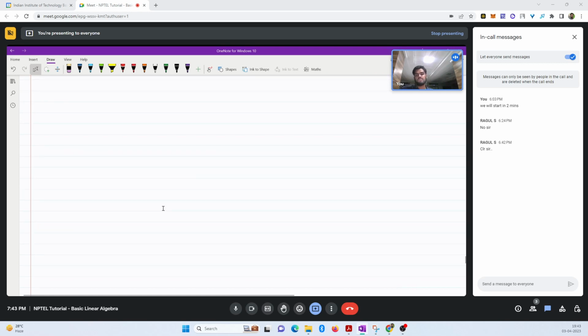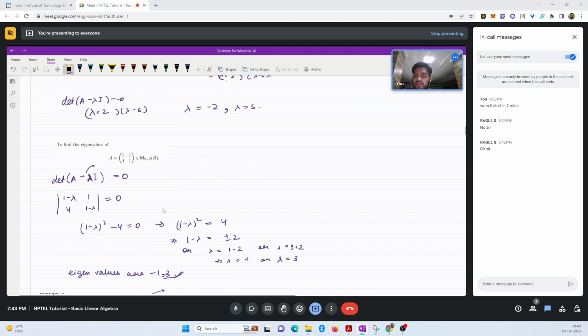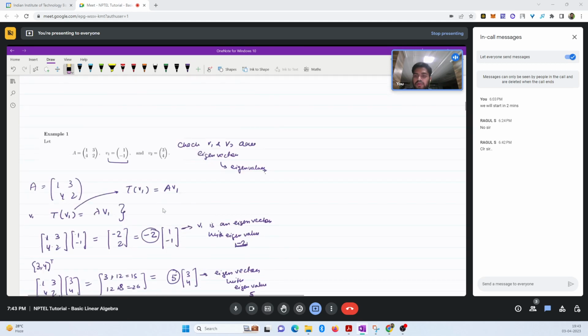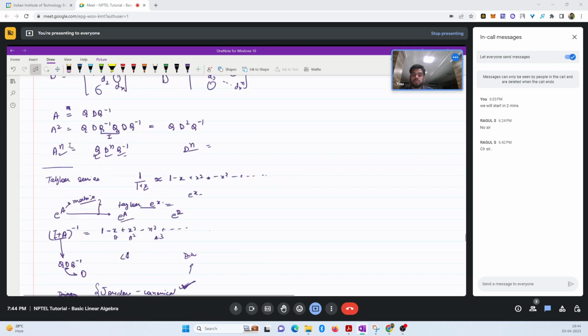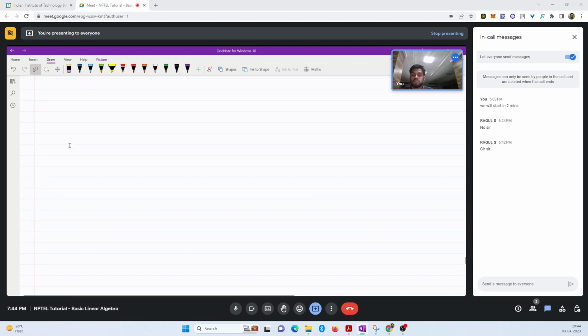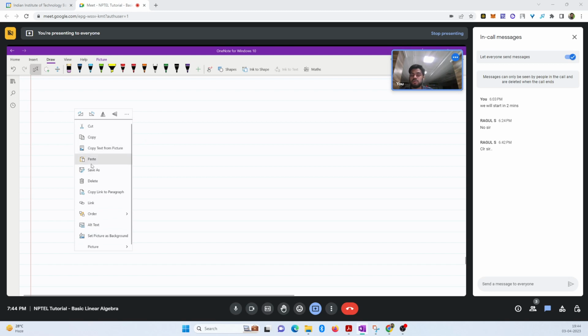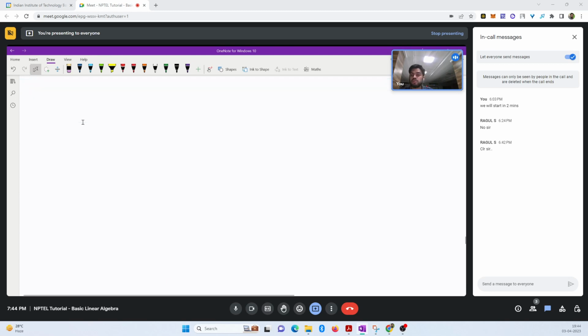I'll take a very simple example probably. We had some 2 cross 2 examples on the top. I'll pick one of them. Let's take this example. Why didn't it get pasted?